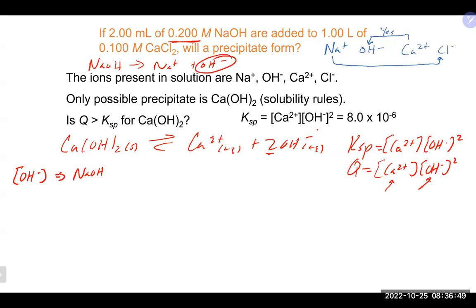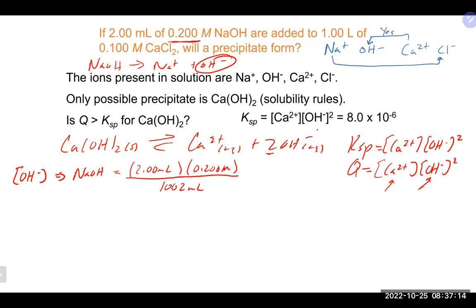So that means that the hydroxide concentration is also 0.2. But we actually need the concentration when they are mixed together, which means the concentration of hydroxide in this case would be 2 milliliters times our 0.2 molar divided by our total volume, which is 1,002 milliliters.